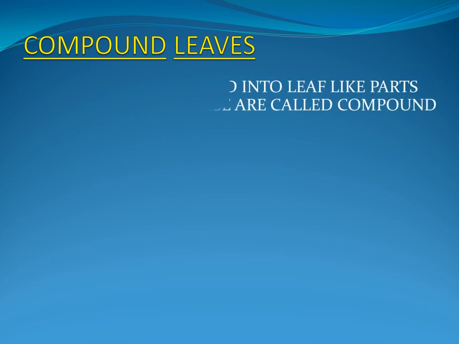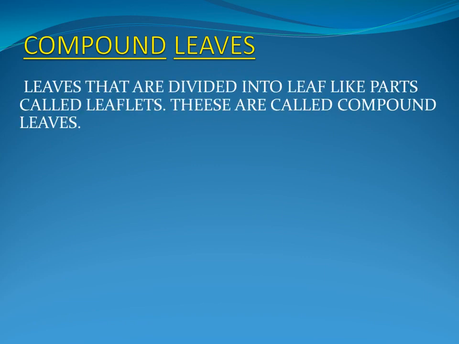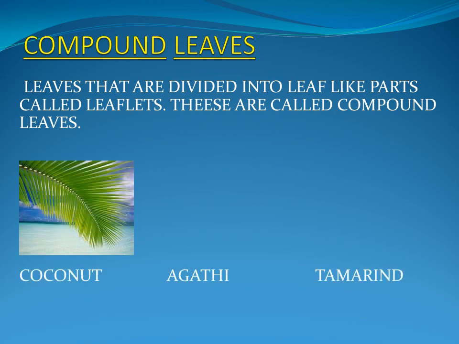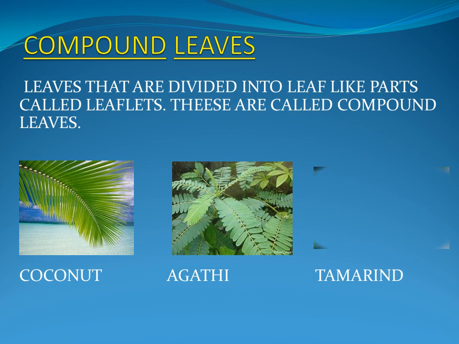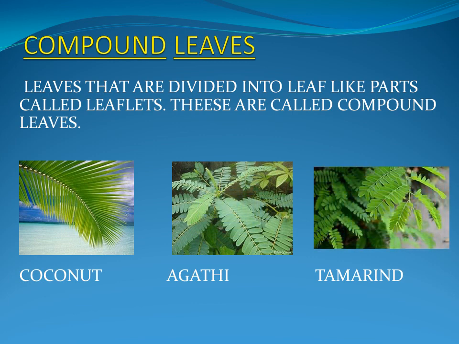Then the next one is compound leaves. Leaves that are divided into leaf-like parts called leaflets are called compound leaves. Again, leaves that are divided into leaf-like parts called leaflets are called compound leaves. You can see some examples over here: coconut, agati, and tamarind.